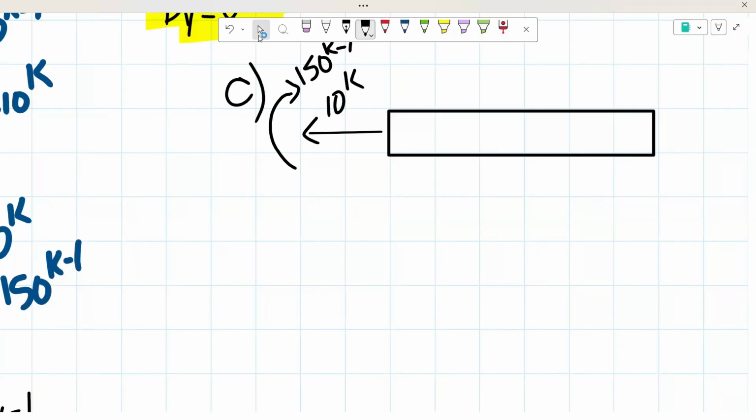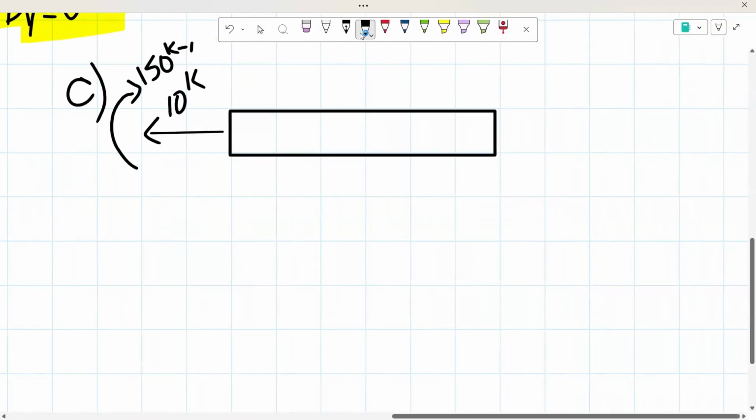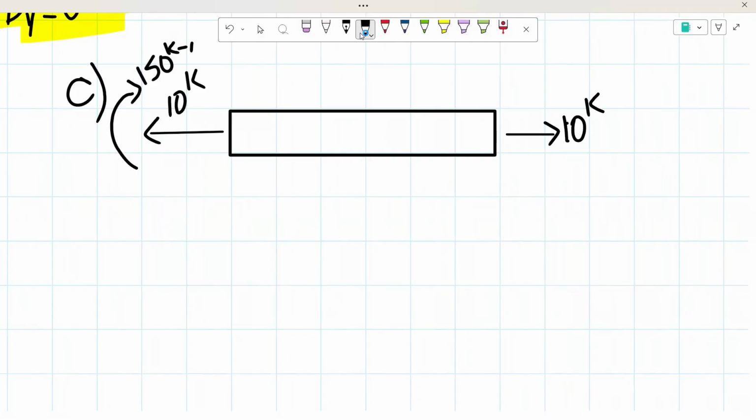And then on this side, we had 10 kips going to the right, and then we had that counterclockwise moment of 100 kip feet on the other side. And we know that this was a span of 10 feet. This is side B. This is side C.